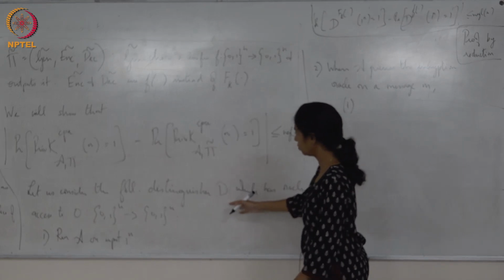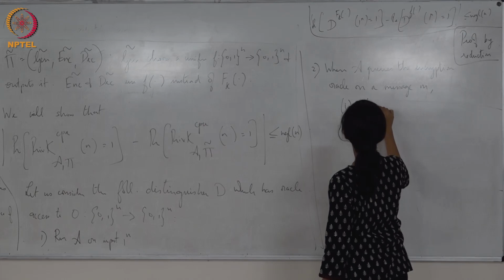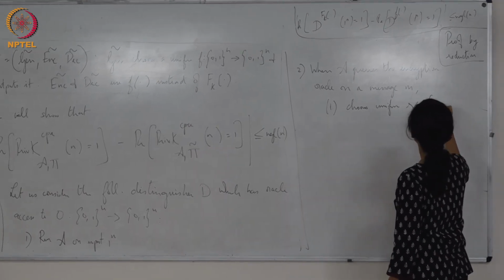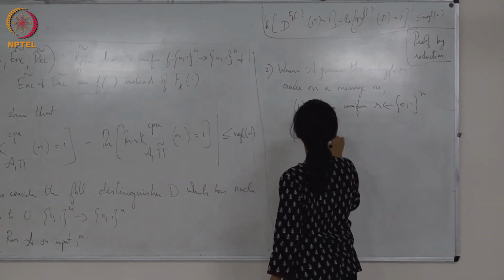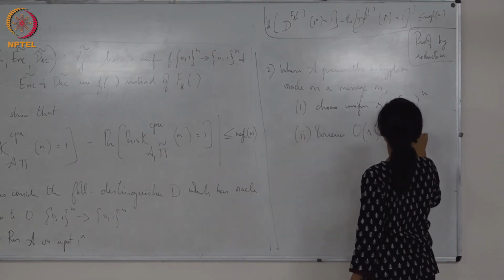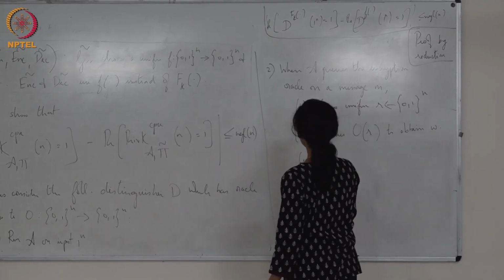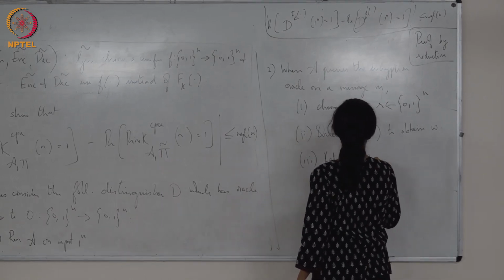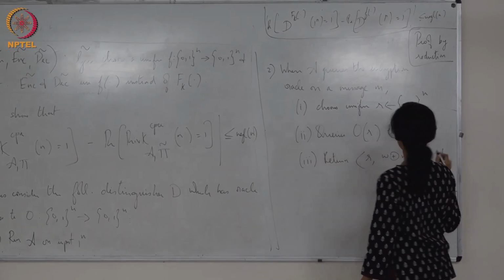Instead, D has access to this oracle O. So D chooses a uniform R in {0,1}^n, queries O of R to obtain some W, and then returns R comma W XOR M to A.